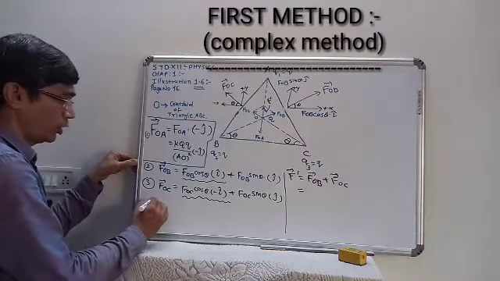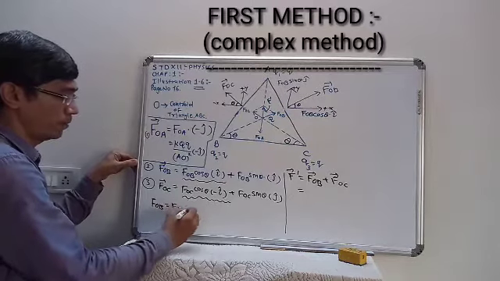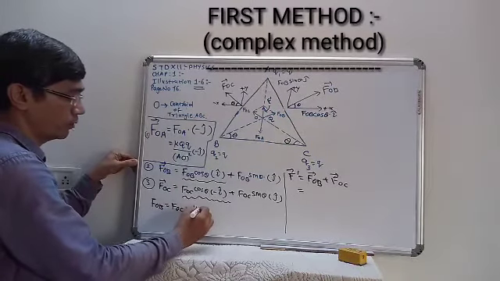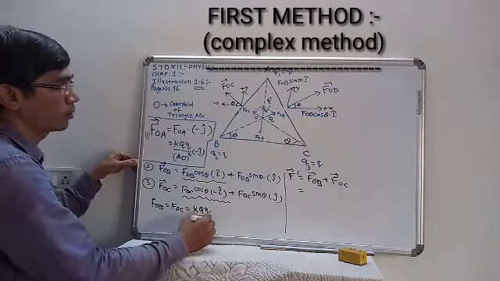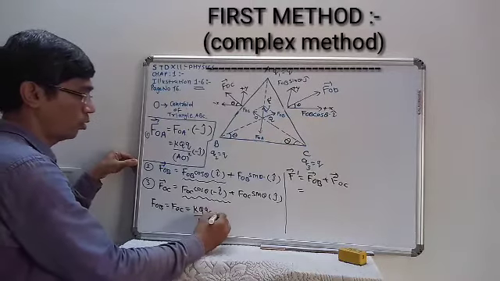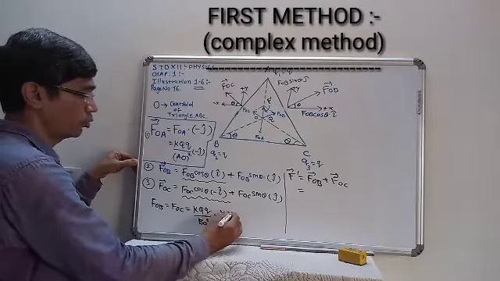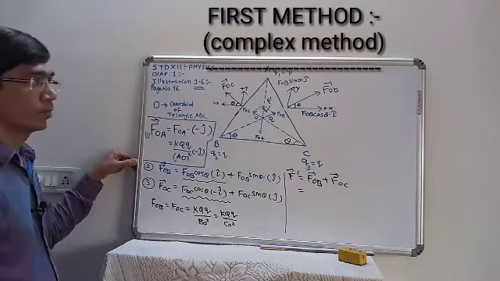Here the magnitude of FOB is equal to the magnitude of FOC, and that magnitude is given by K capital Q small q upon BO square, which is also the same as K capital Q small q upon CO square.